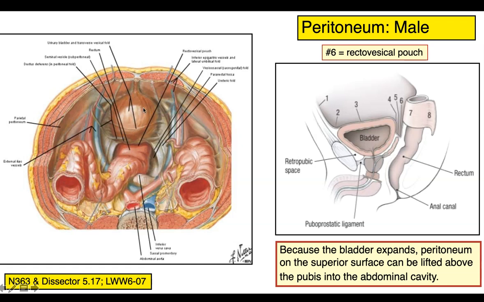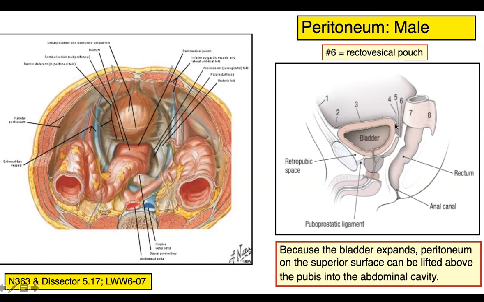See, this is the urinary bladder, which lies behind the pubis. In this image, this is a mid-sagittal section, and this is the pubis. Behind the pubis, the very first organ is the urinary bladder. The peritoneum reflects from the anterior abdominal wall and covers the superior surface of the urinary bladder.